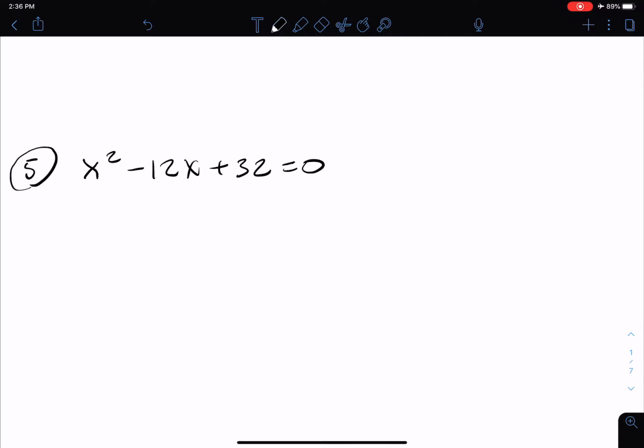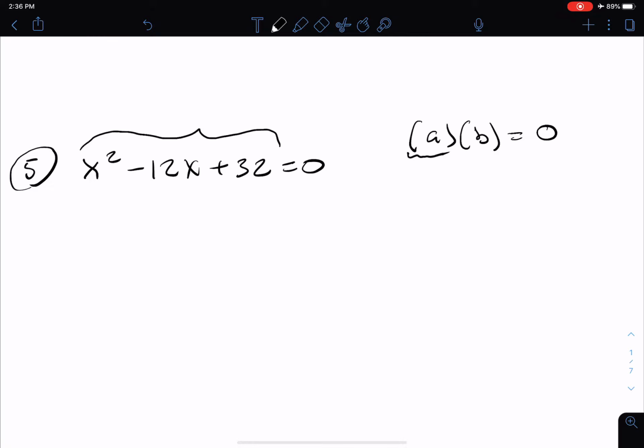But if I could somehow write this complicated polynomial as a product, then I get this nice, easy zero product property happening here, where I know that this factor must equal 0, or this factor must equal 0. And it turns a nasty problem into an easier problem. So can we turn this into a product? Yes, that's called factoring.